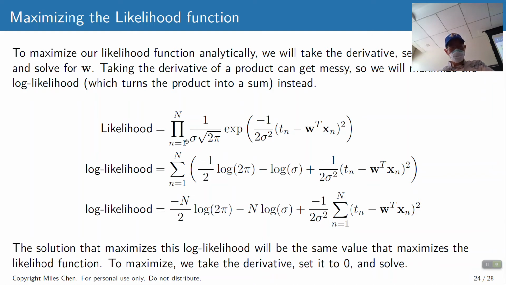So if this is the likelihood, the product of all of the individual probabilities, the log likelihood is going to be the sum of each of these things. The log of this is negative 1/2 log 2 pi, so this is the square root of 2 pi. And then I've got 1 over theta, so that I get negative log theta.